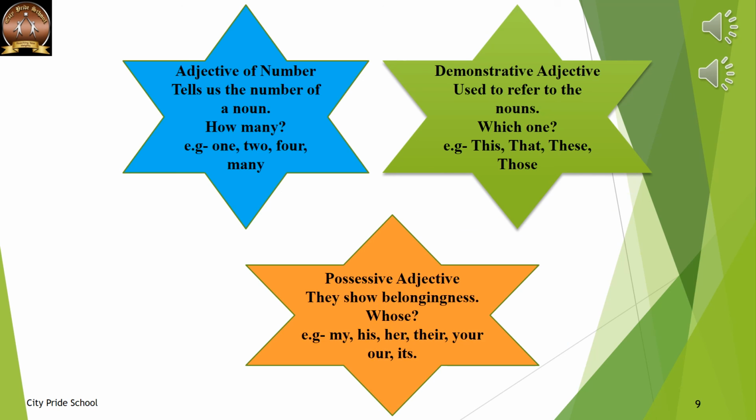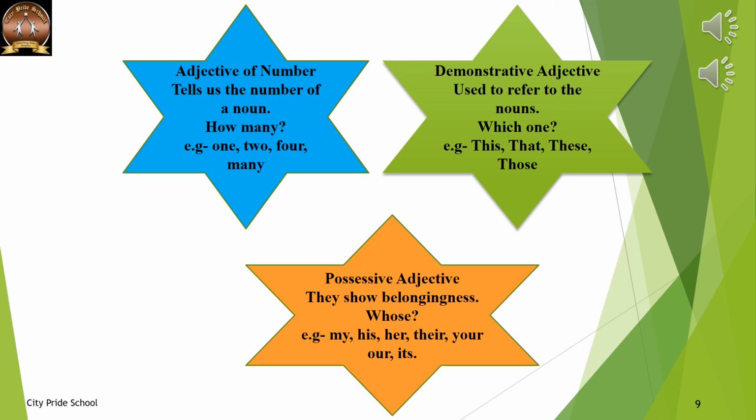Adjectives of number. It tells us the number of a noun and it answers the question how many. Example: 1, 2, 4, many, etc. It is always used with countable nouns.